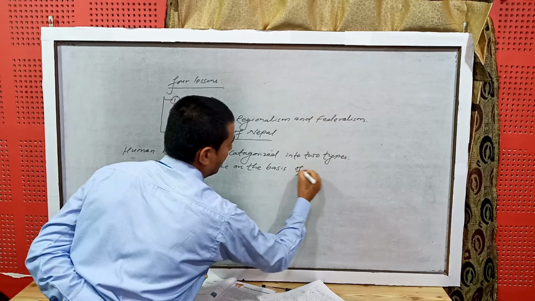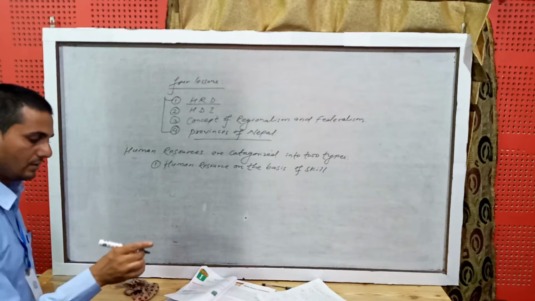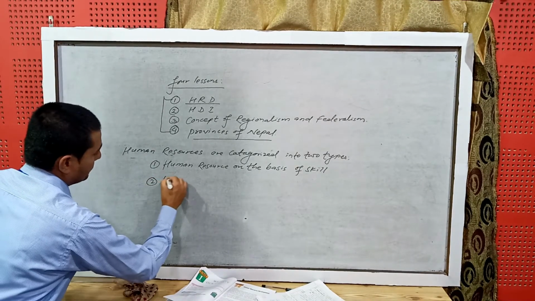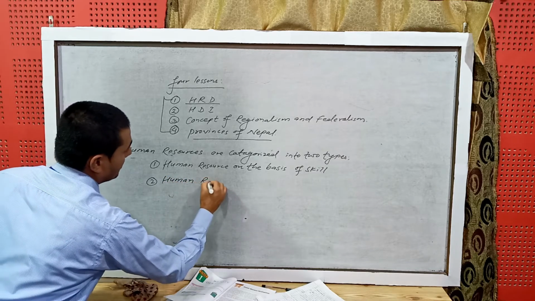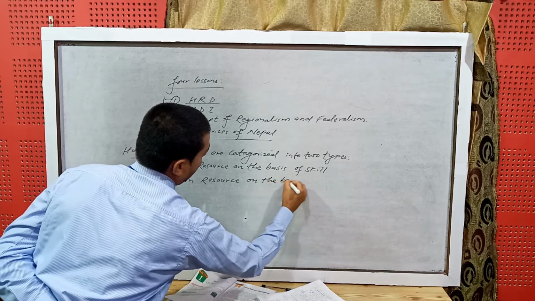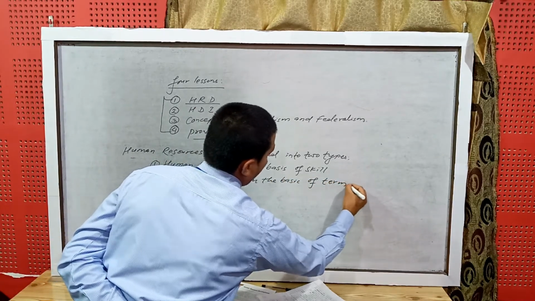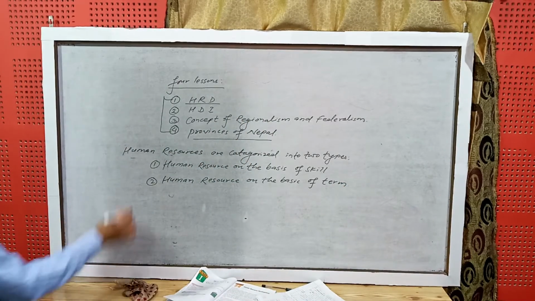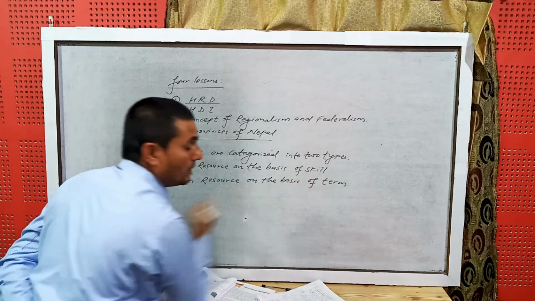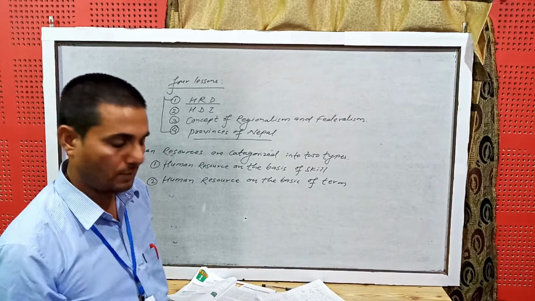And number 2, human resource on the basis of time. Okay, human resource are categorized into two types. Number one, human resource on the basis of skill, and human resource on the basis of term.